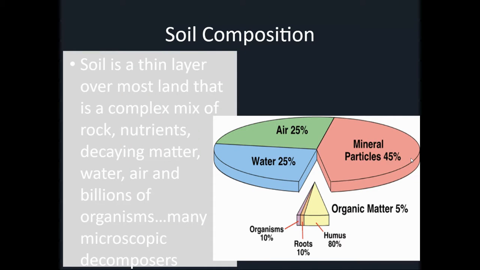Soil composition. So soil is a thin layer over most land that is a complex mix of rocks, nutrients, decaying matter, water, air, and billions of organisms. Many, many, many microscopic organisms or microscopic decomposers can be found in the soil. And we'll look at a common food web for soil, and it can be complex.